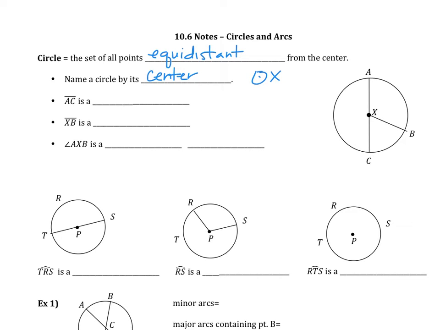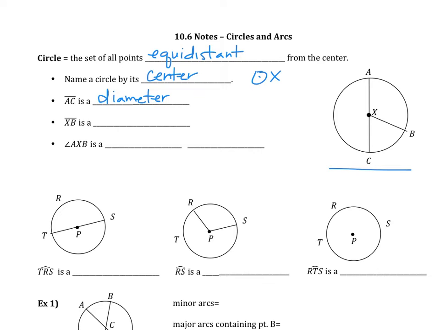We would say in this picture here that AC is a diameter, and a diameter is going to go all the way across the circle through the center of the circle. So the full distance across AC here, that is a diameter.